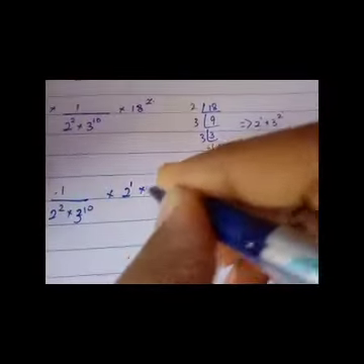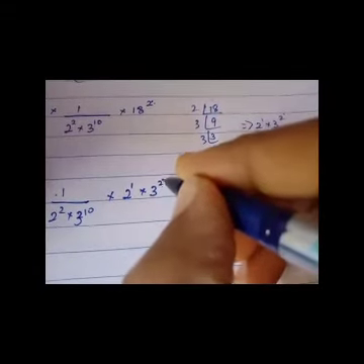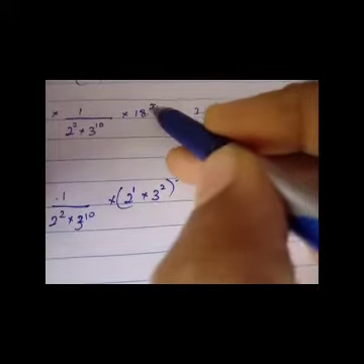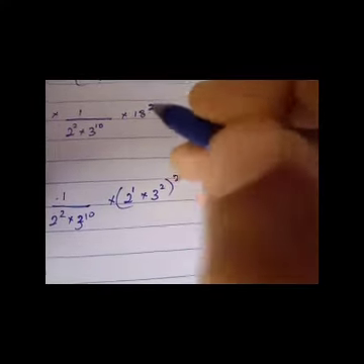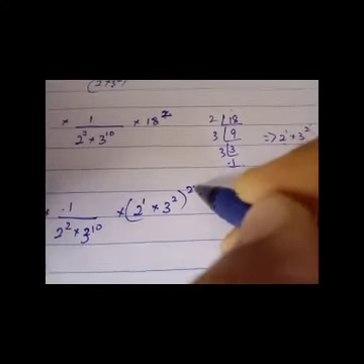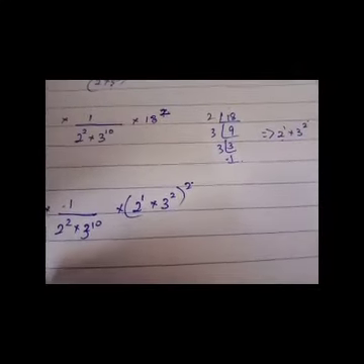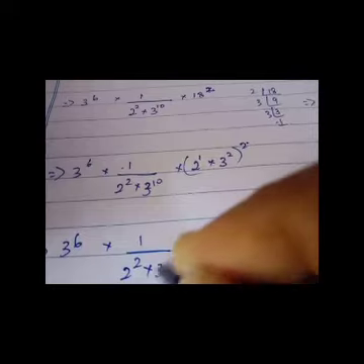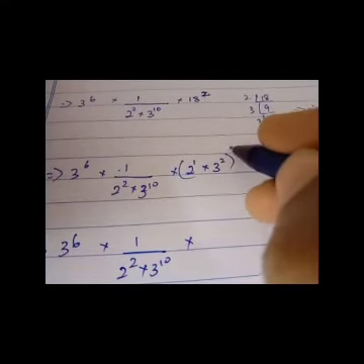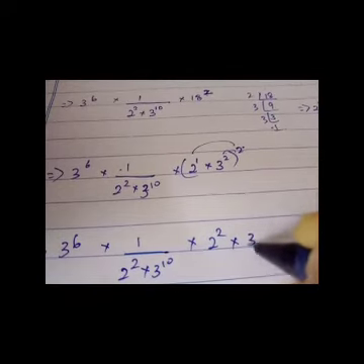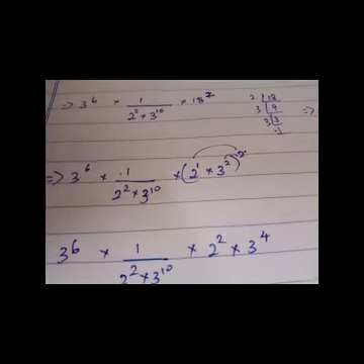So write it down, into 3 power 2 the whole power 2, as here they have already given the power as 2. So the whole power 2, which is equal to 3 power 6 into 1 by 2 power 2 into 3 power 10 into, you have to multiply the powers, 2 power 2 into 3 power 4.